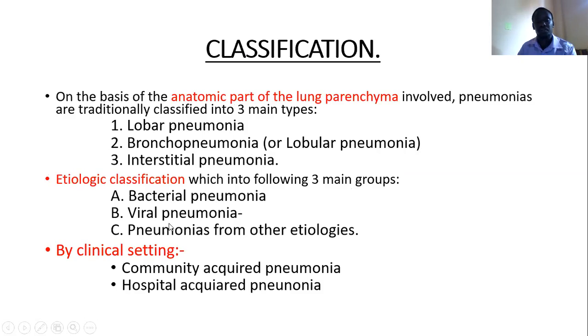And lastly we have pneumonias of other etiologies: the fungals, pneumonia of the immunosuppressed patients, all under that. Then you have the clinical setting, where you can classify it as community acquired or hospital acquired pneumonia.